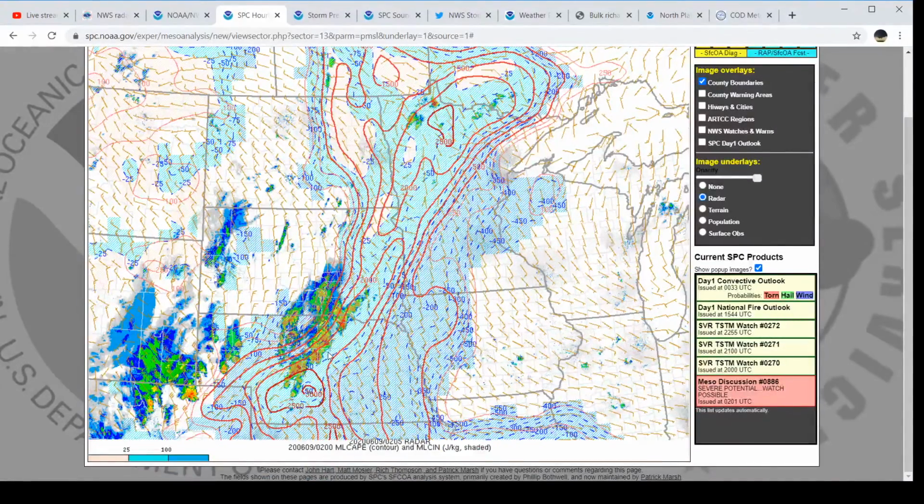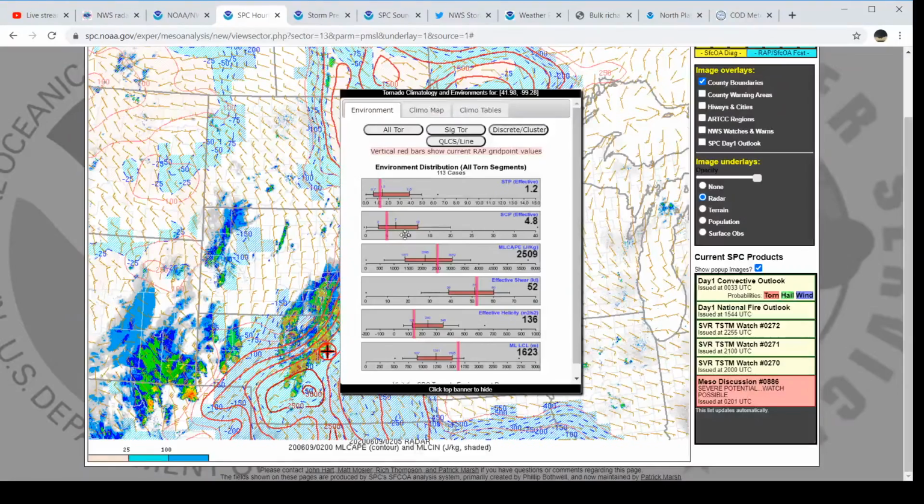Let's click this and see what's going on. Discrete. So as we can see, LCL heights are almost too high. They're at 1,623. Our effective helicity right there is only 136.